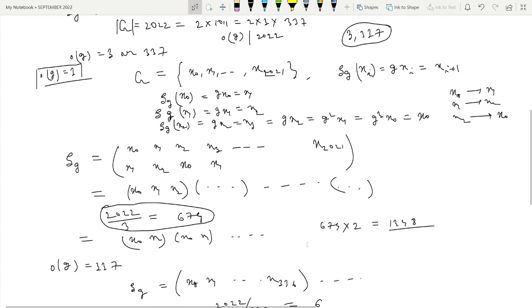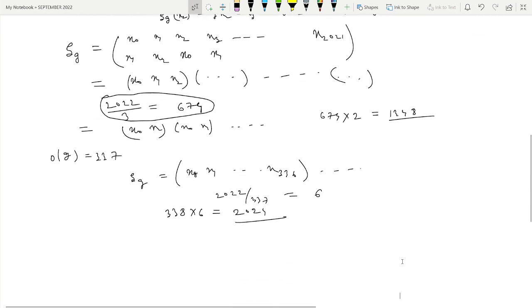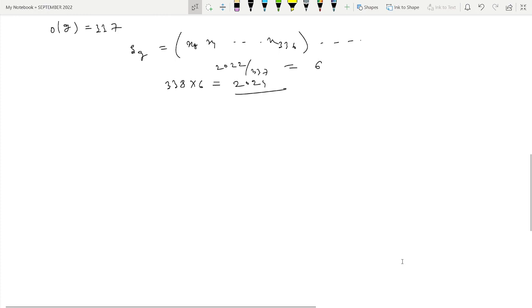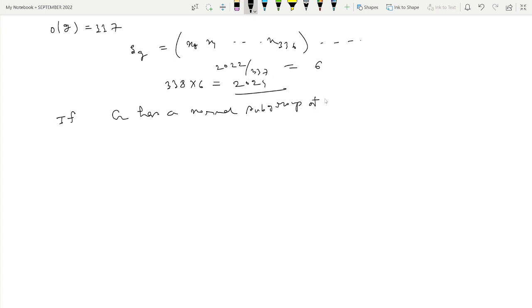See first, if G has a normal subgroup of index 337, say the subgroup is H, then we have index of H in G equal to 337.